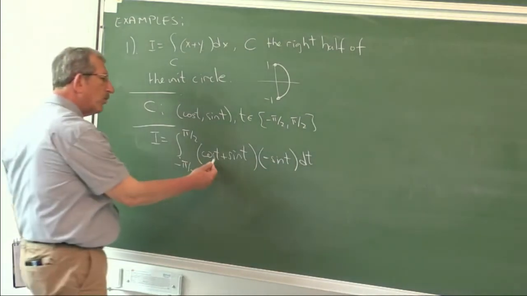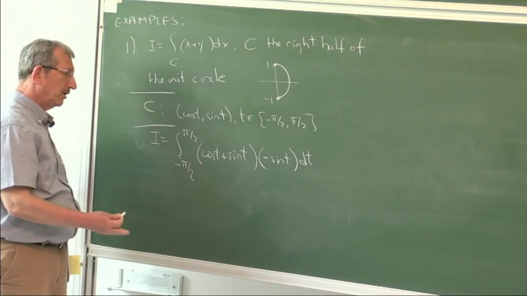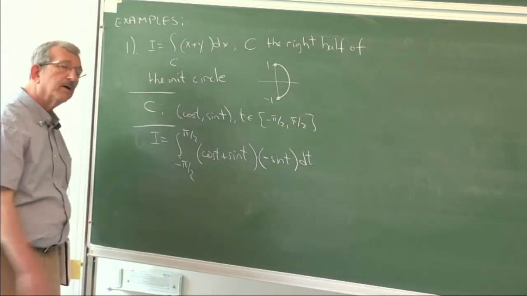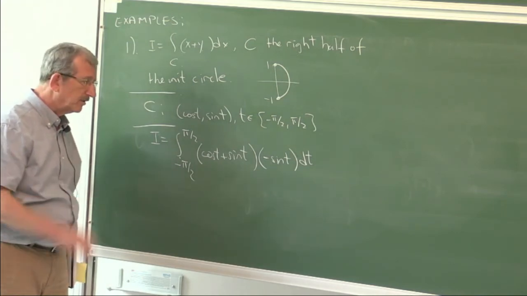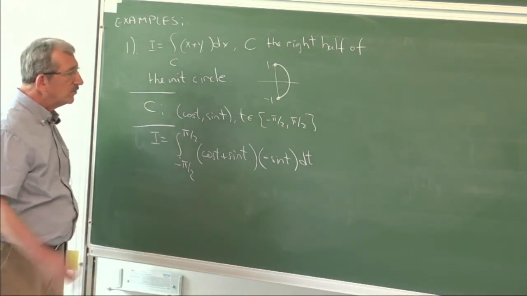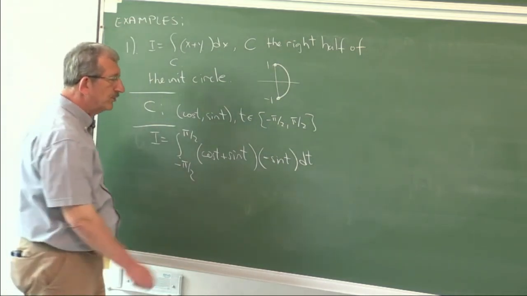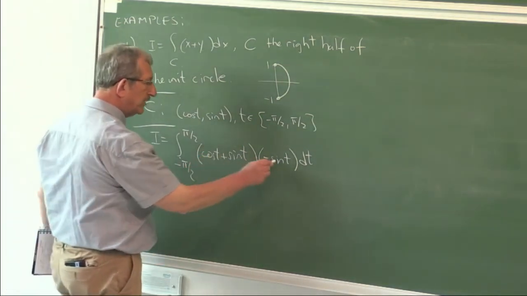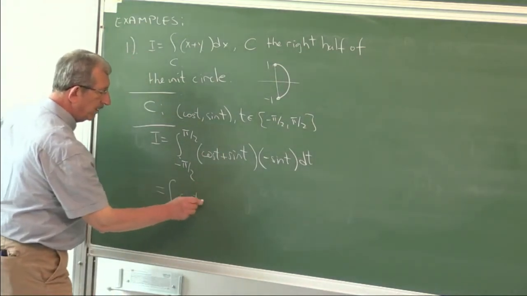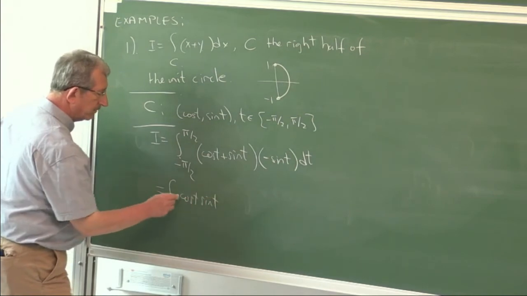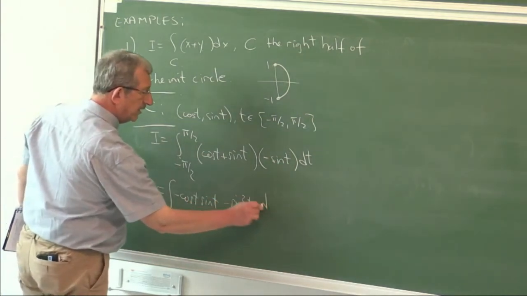Now here we have cosine t sine t, which is sine 2t over 2. The integral would be cosine 2t, not considering constants, and cosine 2t between these values would be 0. In other words, this cosine t sine t term would give us 0, with a minus sign, and minus sine squared t dt.